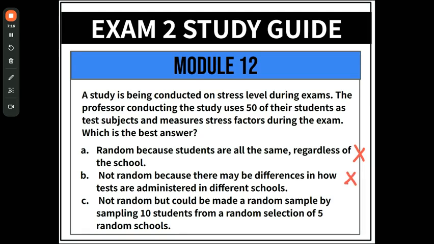So that can't be true. Not random, but could be made a random sample by sampling 10 students from a random selection of 5 random schools. Yes, because we want to see a sample of a random selection of schools. You could actually make a random sample, yes. So we're going to go with C.